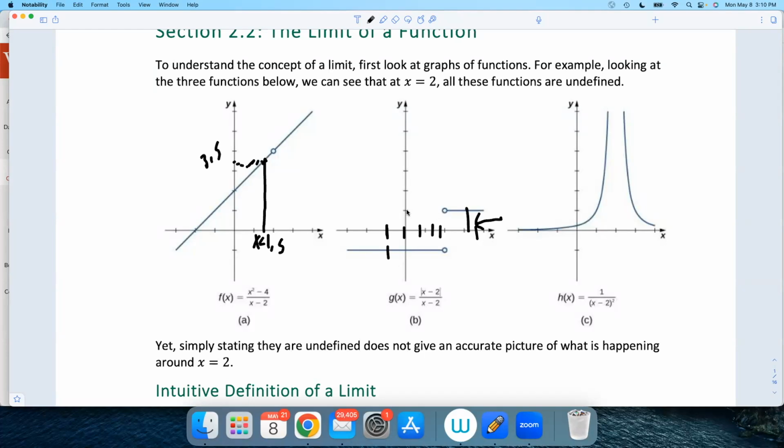At this point, my y value +1, +1, +1. That's a completely different scenario than what's going on here. Similarly, in this graph, as I get closer to x equals 2, my y values are getting bigger and bigger, and that's happening from both sides. They're going to infinity.